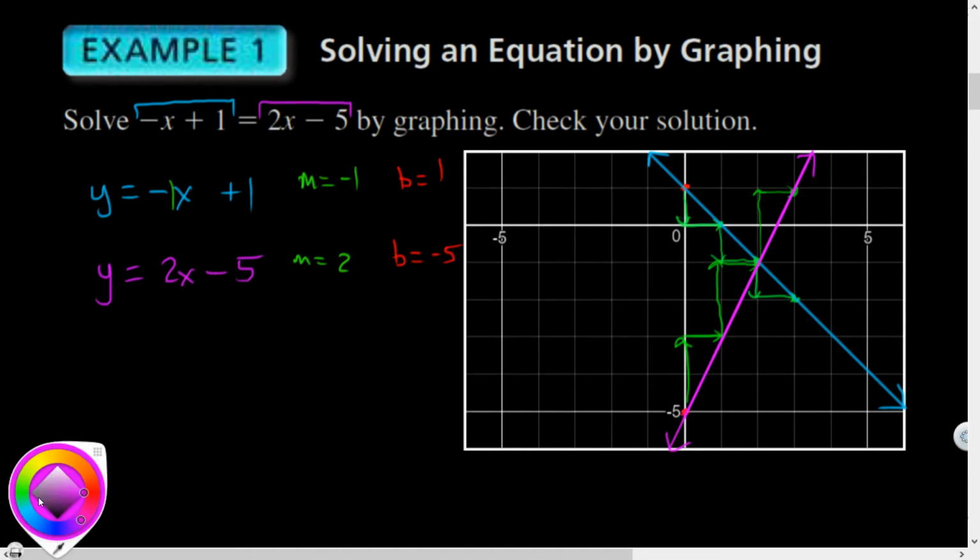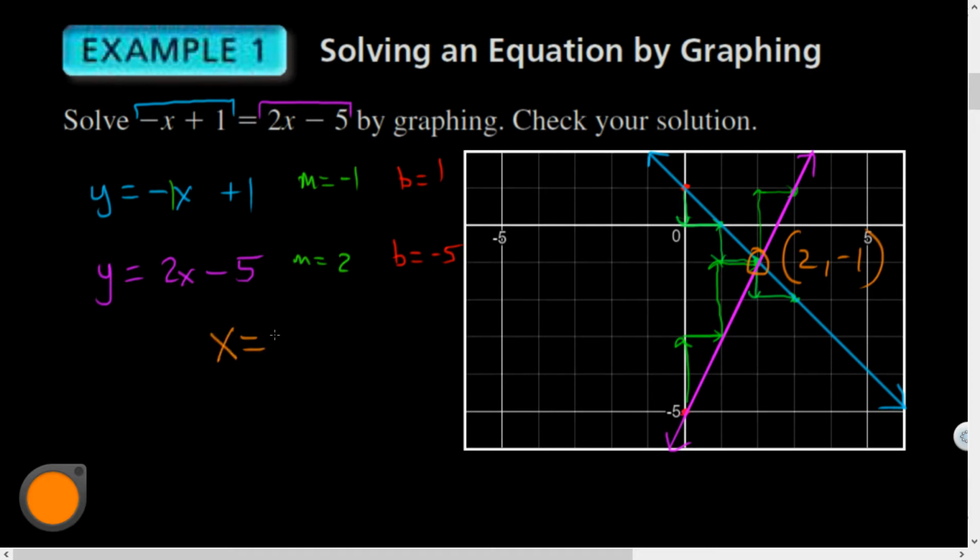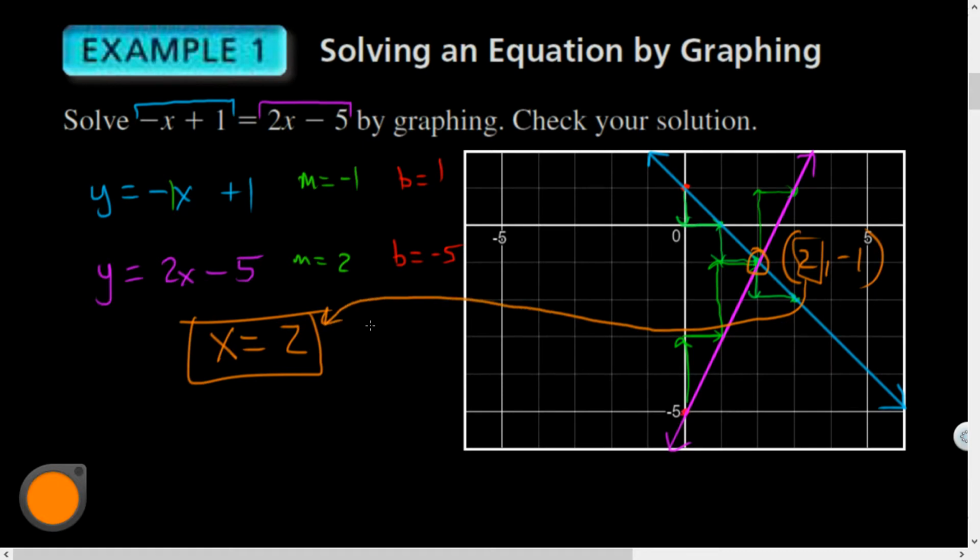So my intersection is right here. That's the point over 2 down 1, or 2 comma -1. My solution is x equals 2. Right? I'm only interested in the x-coordinate of their intersection.